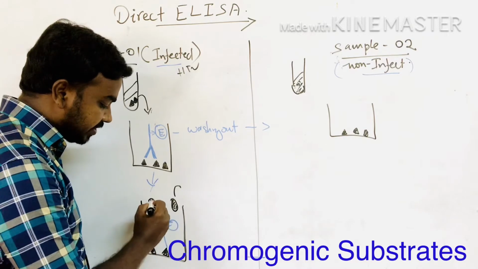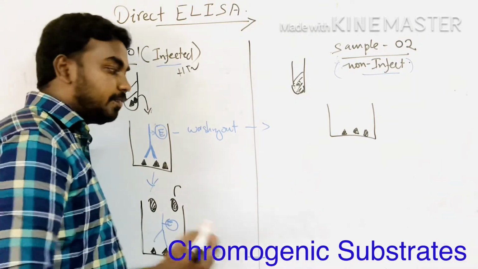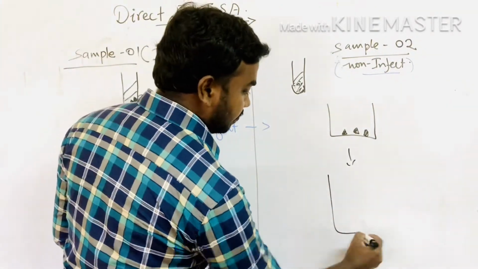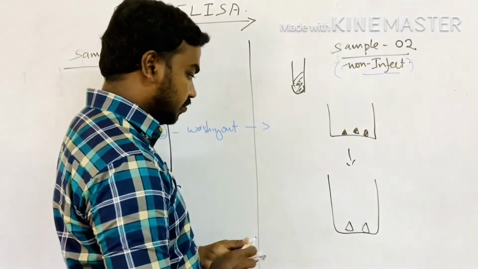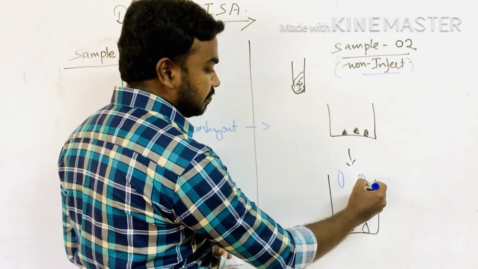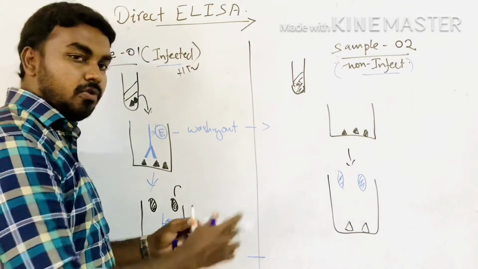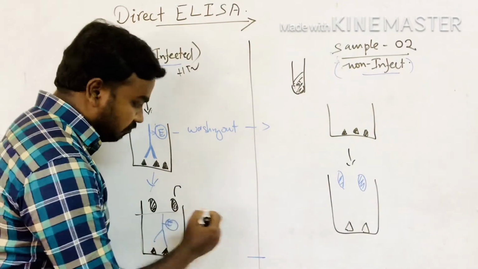You know these substrates can easily react with this enzyme and produce a colored product. Okay, I am going to do the same thing here. There are no antibodies, so no reaction, no enzymes. So I am going to add the substrate, and no reaction occurs. Again, we can wash out.